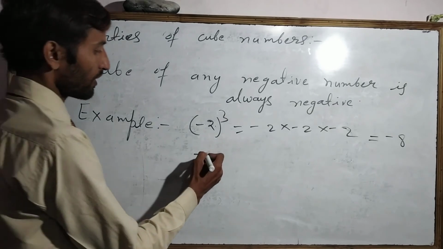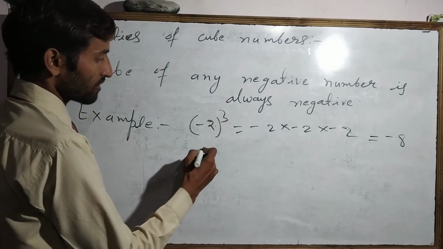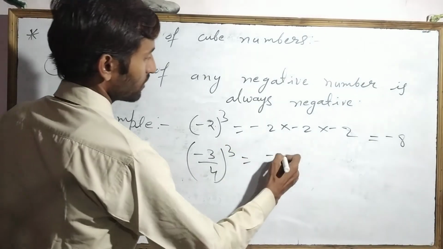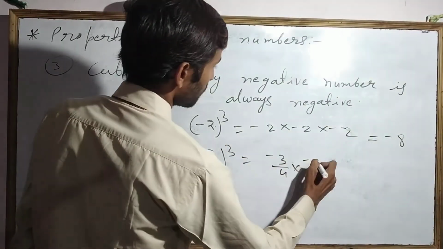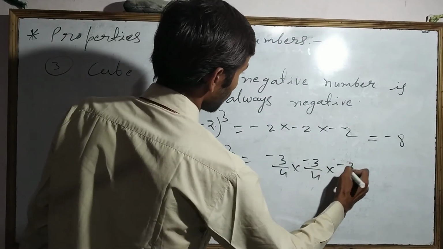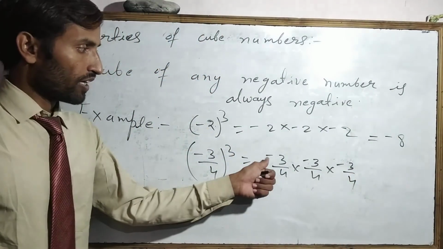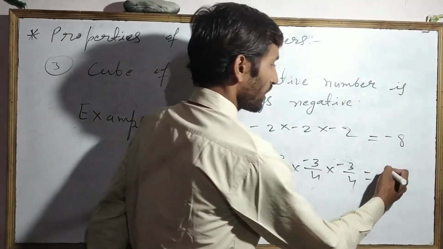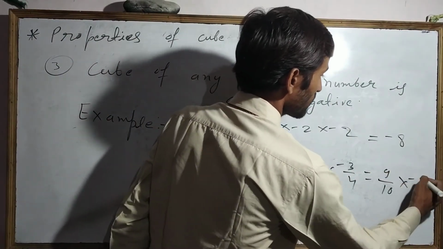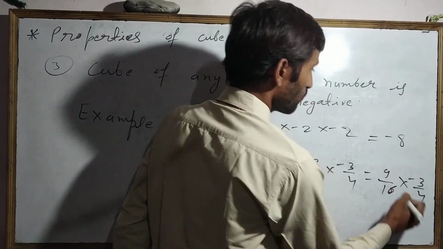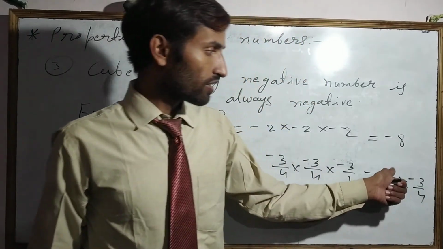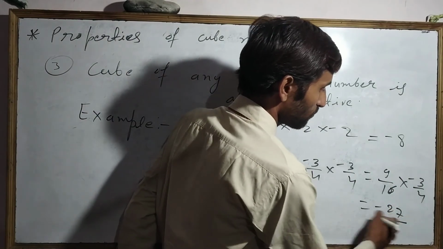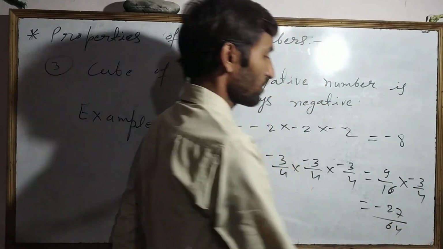You can also take a fraction, in a rational number, minus 3 upon 4. The cube is minus 3 upon 4 into minus 3 upon 4 into minus 3 upon 4. Again minus minus gives plus, and 3 times 3 is 9 upon 16. Then 9 upon 16 into minus 3 upon 4: 9 times 3 is 27 with a minus, so minus 27, and 16 times 4 is 64.